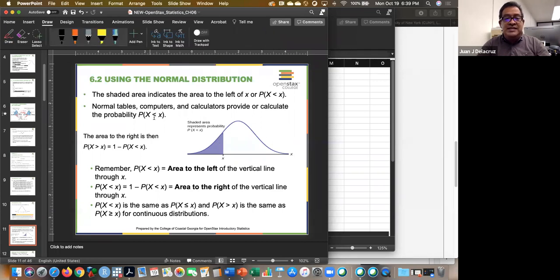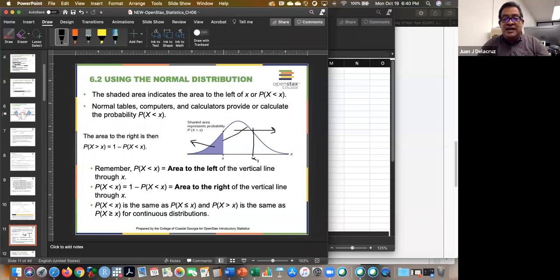So when you see this less than sign, you are measuring the area to the left. When you are seeing the opposite, the greater than, we are measuring the area to the other side, right? That's what we know. We can measure the area that is to the left, the area that is to the right, or the area that falls between two different variables, right?